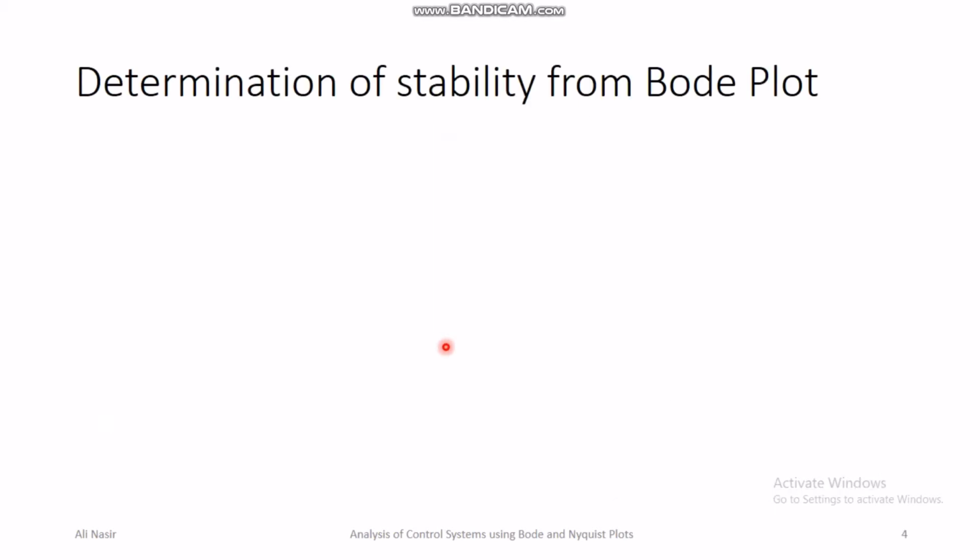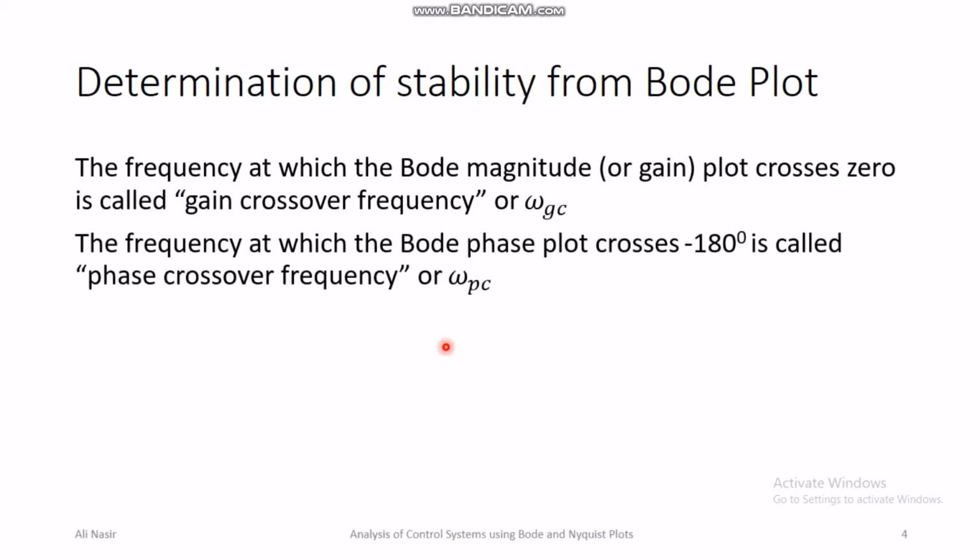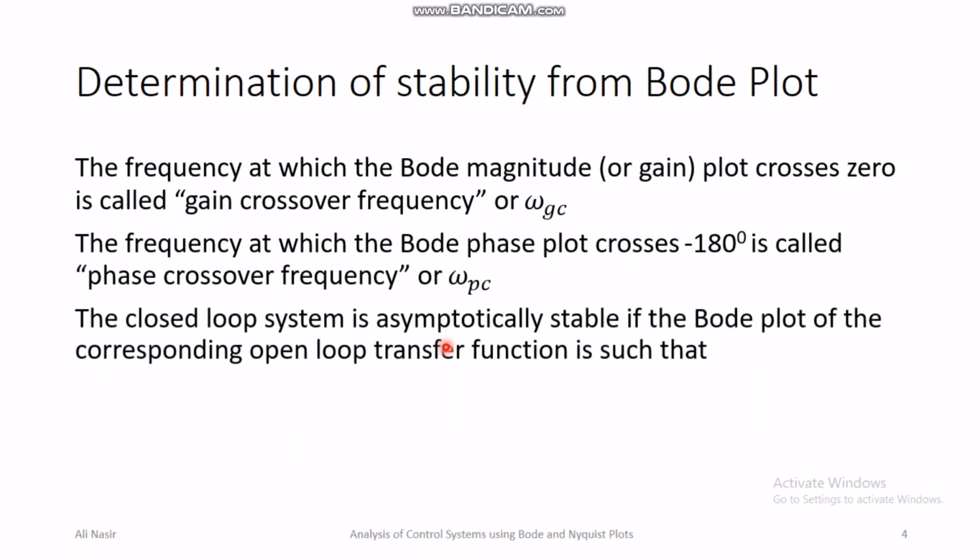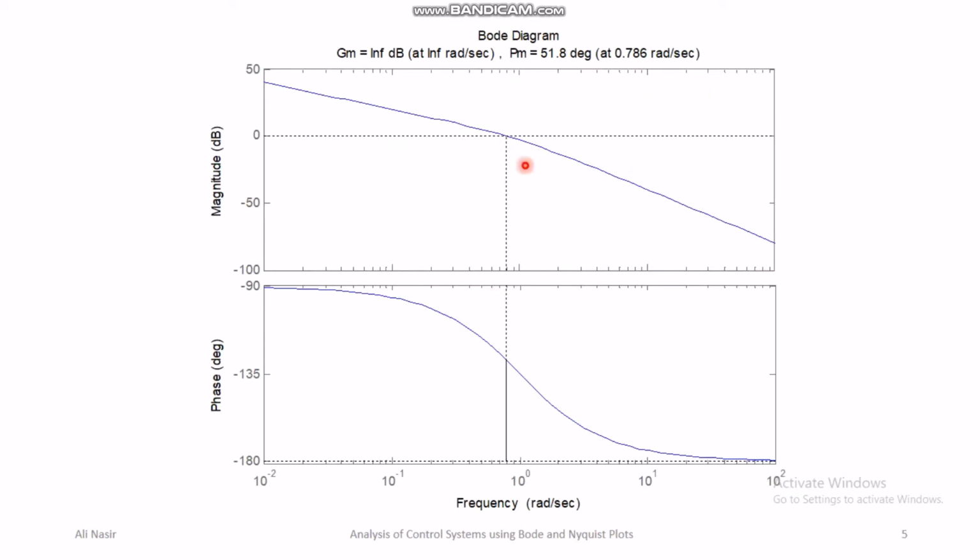Then we looked at how to determine the closed loop stability from the Bode plot, and all we need to see is whether or not the gain crossover frequency is less than the phase crossover frequency. If the gain crossover frequency is less than the phase crossover frequency, then the closed loop system would be asymptotically stable.